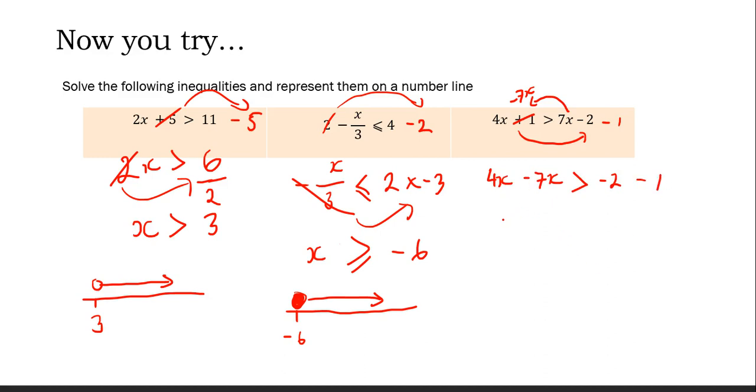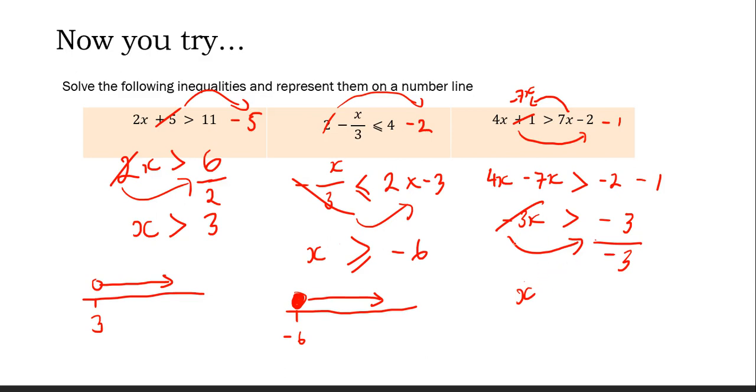4x minus 7x is negative 3x. That's greater than negative 2 minus 1 is negative 3. Okay, this is a multiply by negative 3, so if I bring it here, it becomes divide by negative 3. By the way, you don't have to keep doing this if you don't want to. I only do it so that it helps you guys make sense of it. But if it doesn't make sense, maybe let me know and I'll stop doing those arrows.